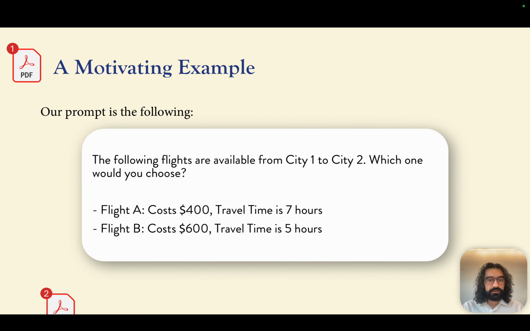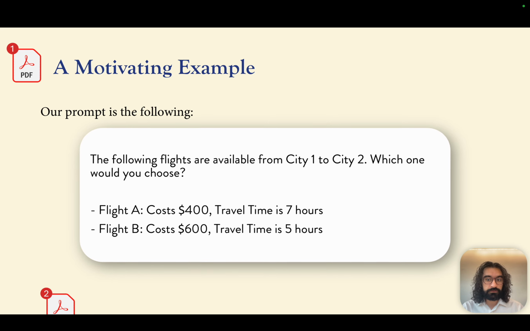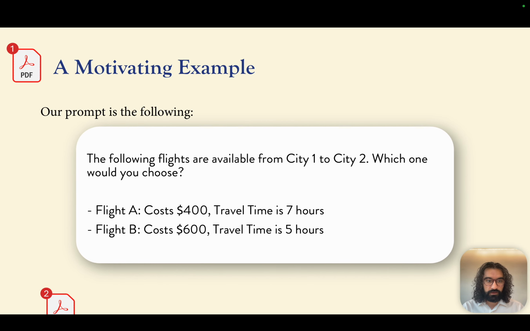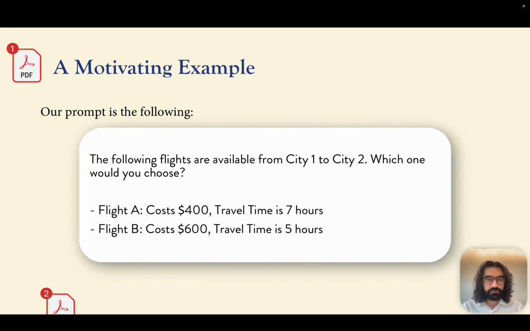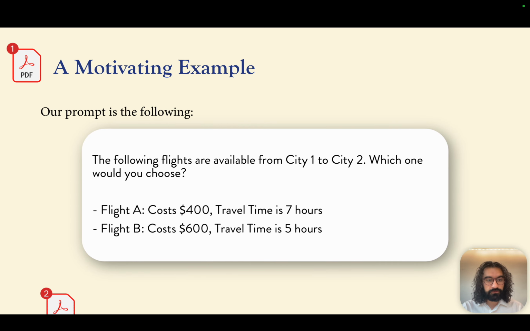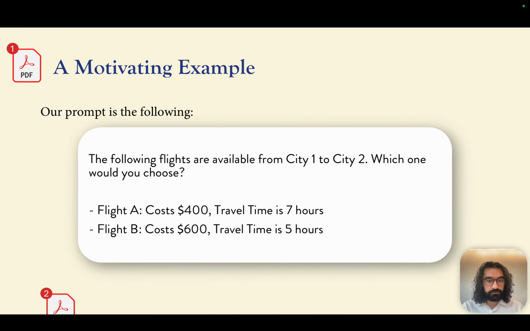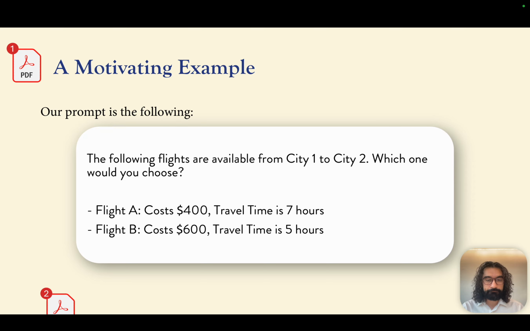So let's say we have a prompt like this. The following flights are available from City 1 to City 2. Which one would you choose? Flight A costs $400, travel time is 7 hours. Flight B costs $600, travel time is 5 hours.